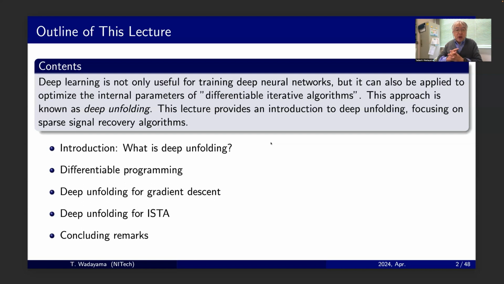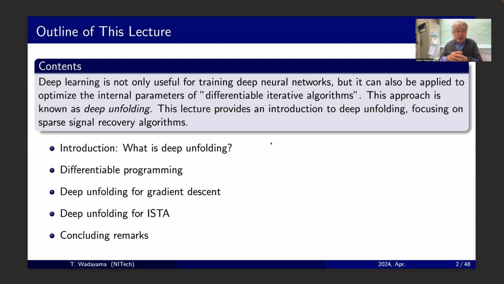The main content of this lecture can be divided into 5 sections as follows. In the introduction, I will briefly explain the basic idea of deep unfolding. Then, the concept of differentiable programming will be introduced.